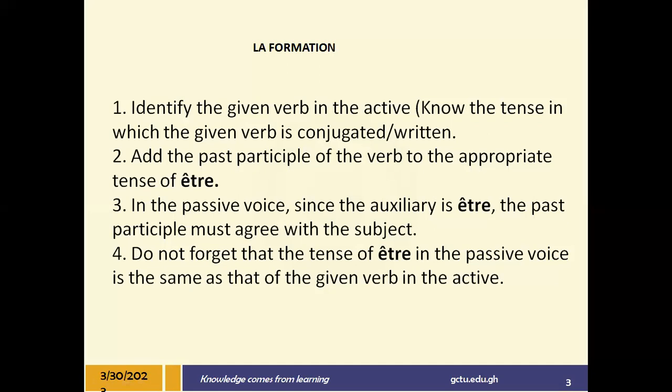Then after that, you add the past participle of the verb to the appropriate tense of être. That's it, the past participle form, as you saw. In the passive voice, since the auxiliary, the helping verb, is être, the past participle must agree with the subject. I also said so. Do not forget that the tense of être in the passive voice is the same as the tense of the given verb in the active.